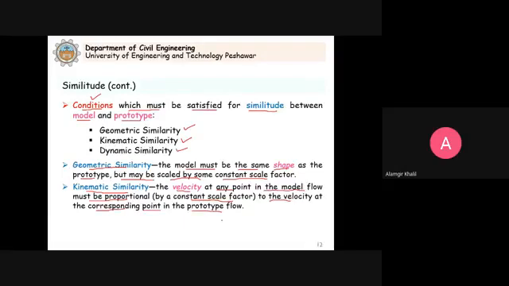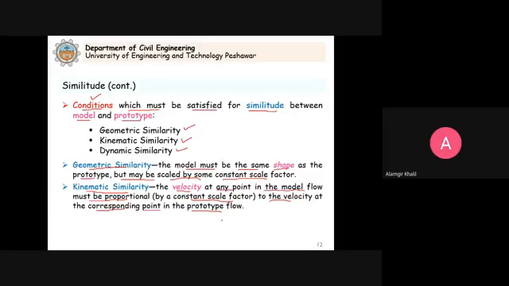So it means the velocity vectors which will be acting, because the model and the prototype are subjected to flow conditions. Now we are discussing this specifically from the hydraulics point of view. So the model and the prototype will be subjected to flow conditions, so there will be velocity vectors. They should be the same in the model and prototype at the corresponding points.